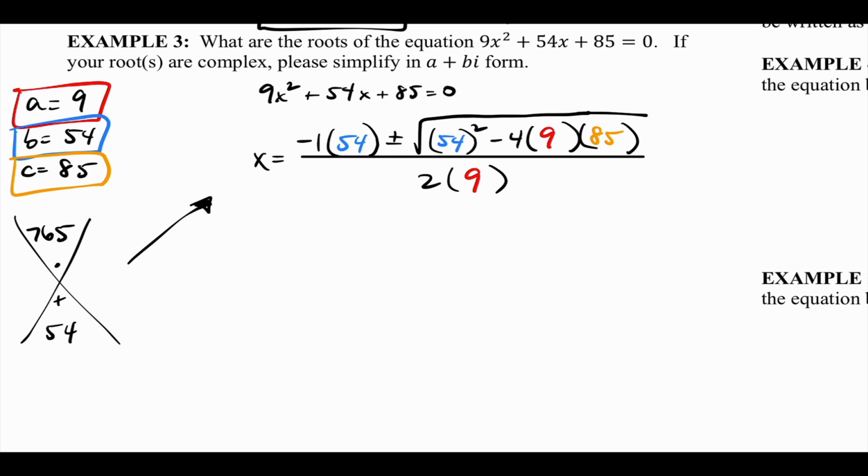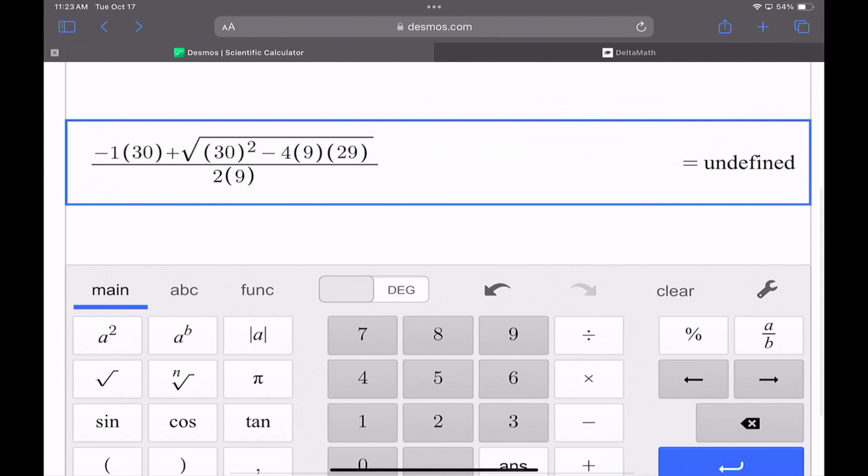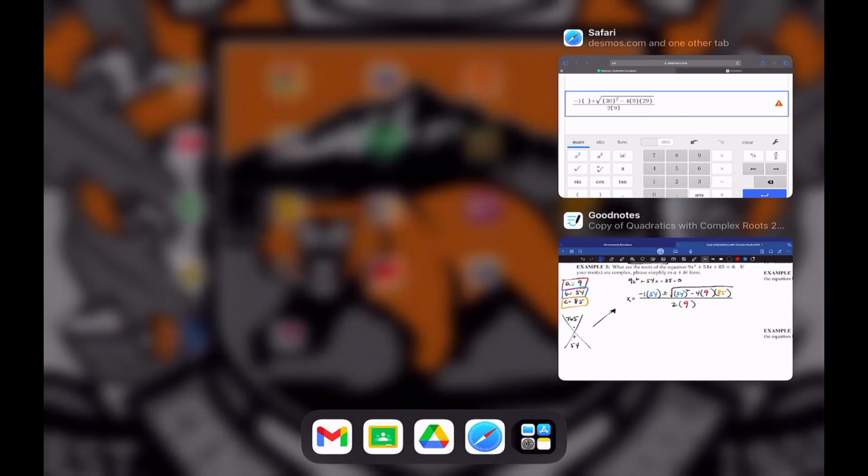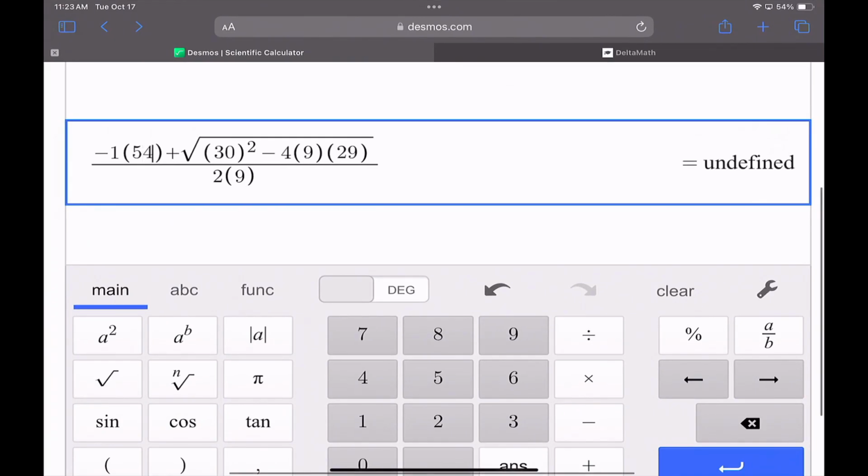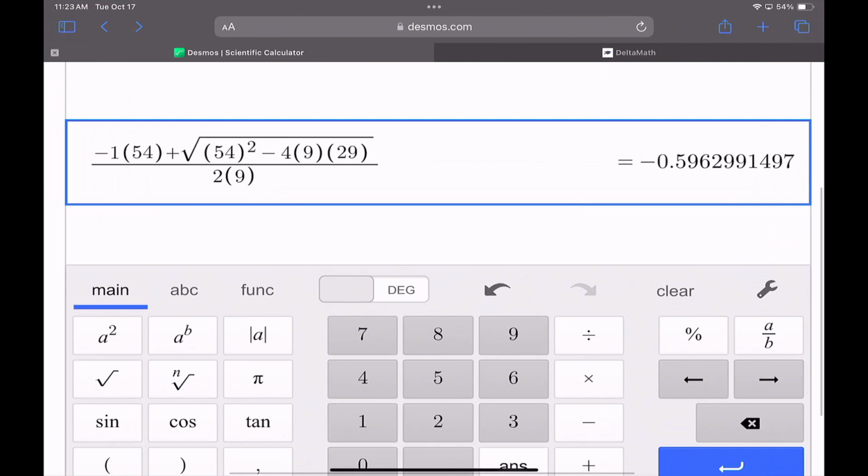So I go to my calculator and hope that'll give me something good. So 54, I think it's still 9, 9, and 85. No, undefined. So I got to do it by pieces.